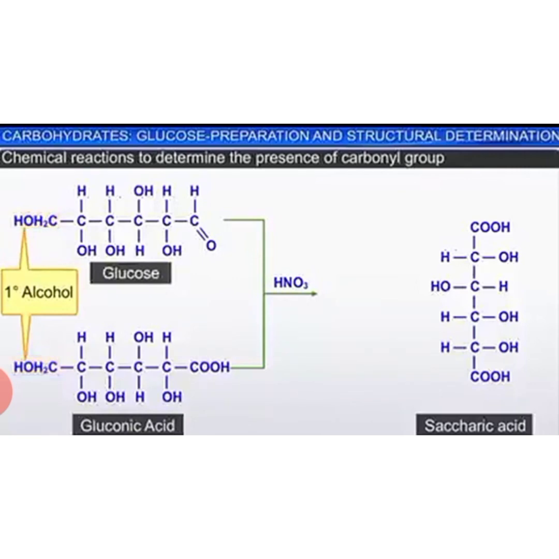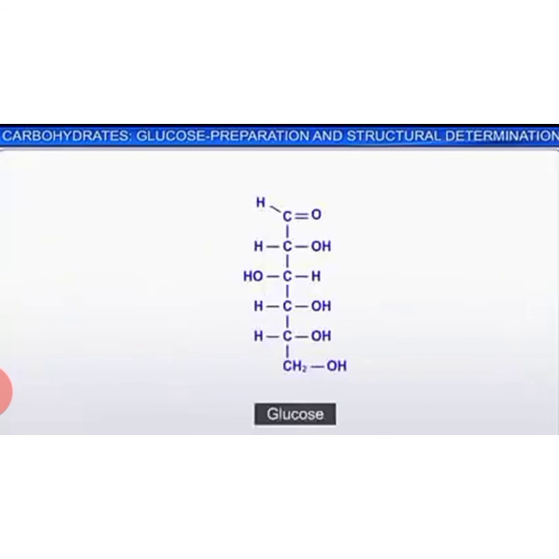Thus, based on these reactions, we can say that a glucose molecule has an aldehydic group and 5 hydroxyl groups, including 1 primary alcoholic group and secondary alcoholic groups.